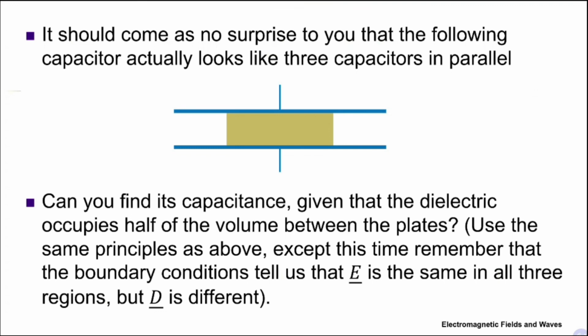So how about this? If I have epsilon r, and then here epsilon r equals 1, epsilon r equals 1.